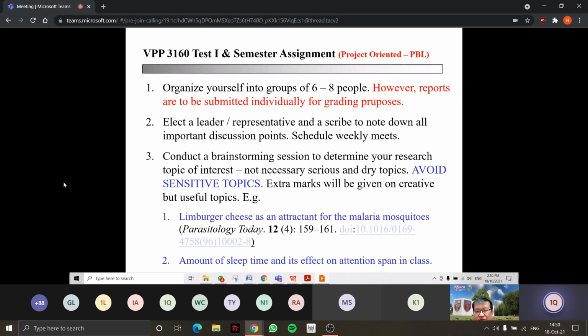Okay, so this is what I want you to do for the semester assignment. You need to organize yourselves into groups of 6 to 8 people. Normally what I do is I group everybody randomly by the last digit of their number. People with last digit zero will be grouped together, and so on. That means we only have 10 groups: 0, 1, 2, 3, 4, 5.